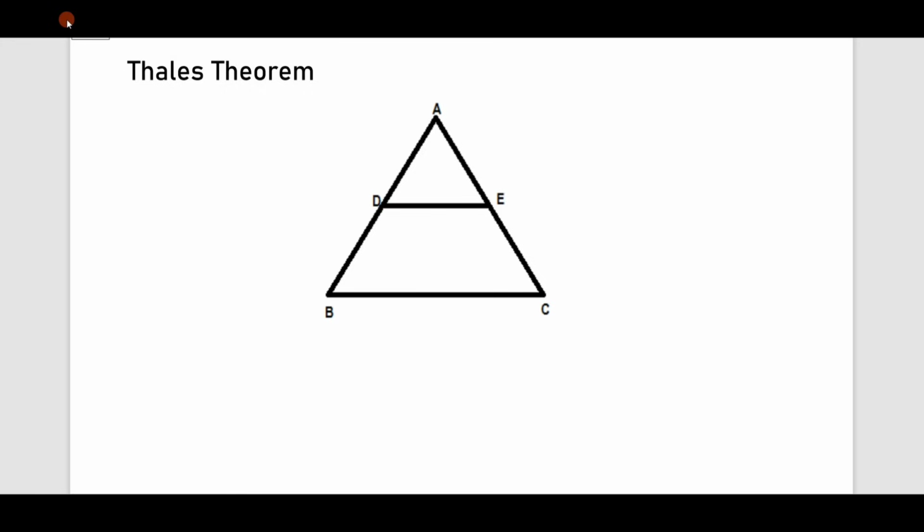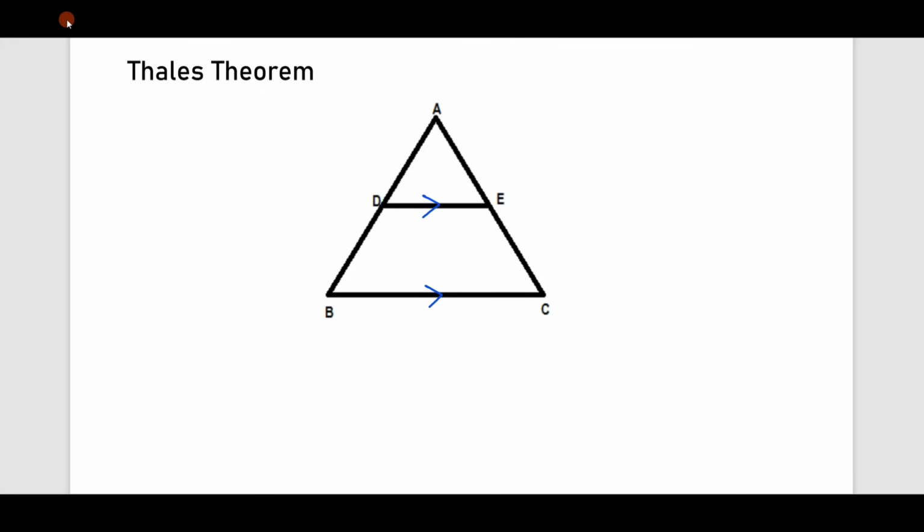What Thales theorem says is that if a line is drawn parallel to one side of a triangle to intersect the other sides at distinct points, the other 2 sides are divided in the same ratio.